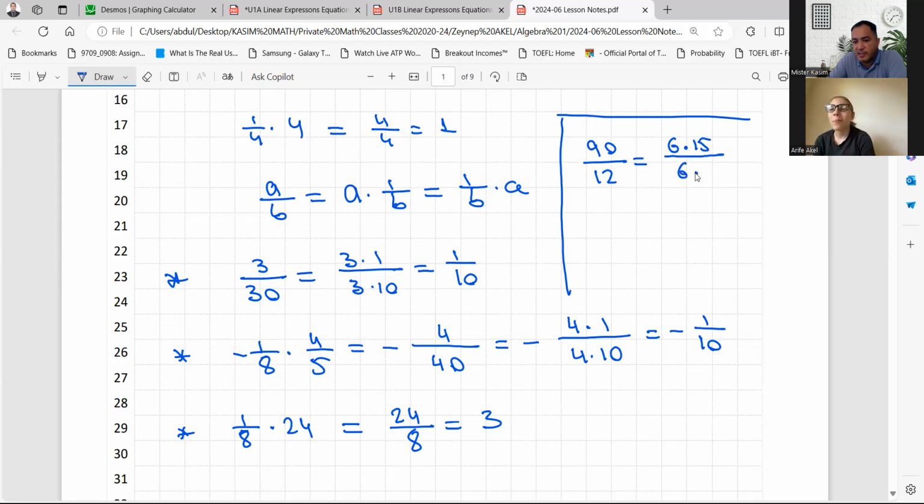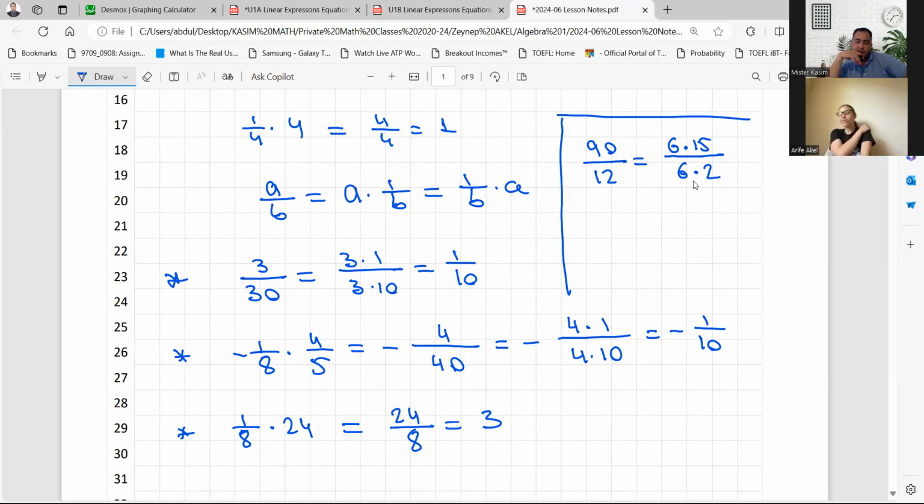And 12, 6 times 2, right? Did you write like this? No. Why not? Because I just divided 90 and 12. But what did you get if you divide? 8. Yes, but 8 times 12 is 96. Oh, yeah, it's not 90.